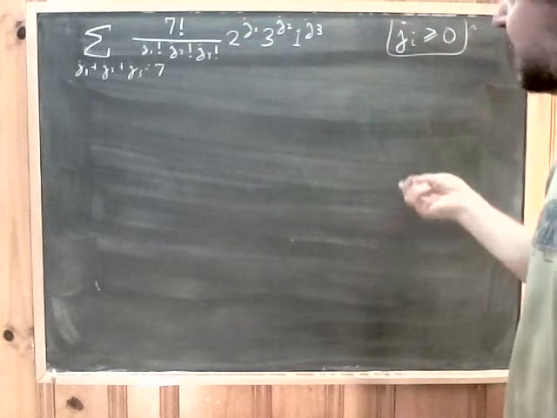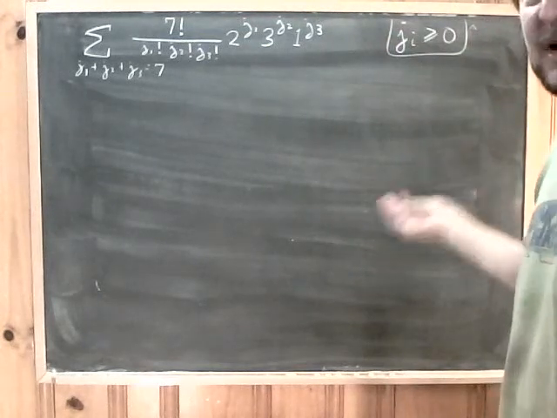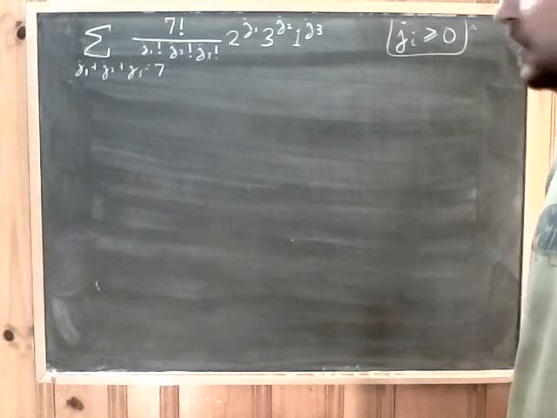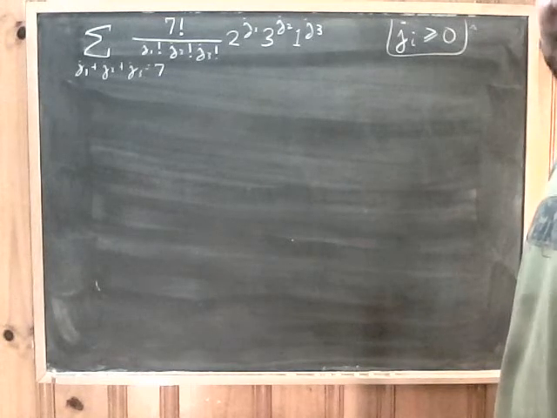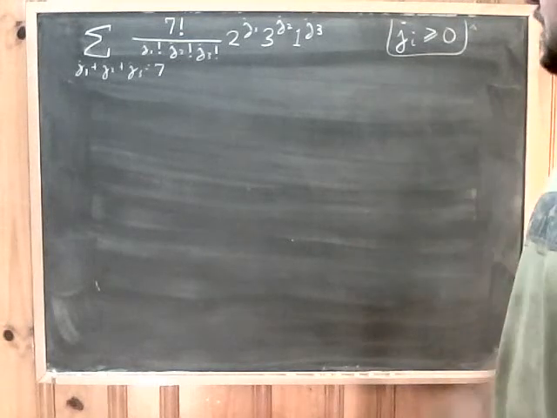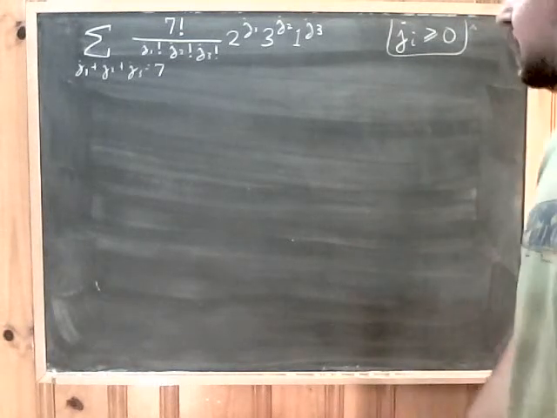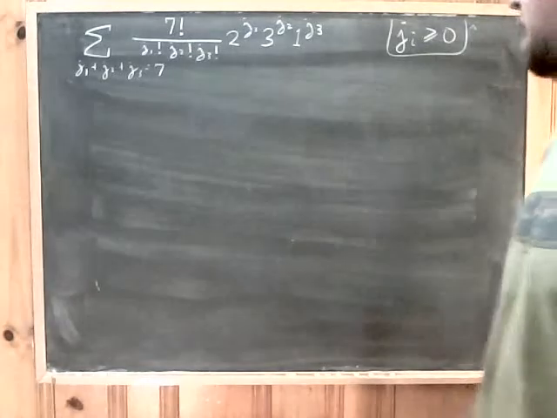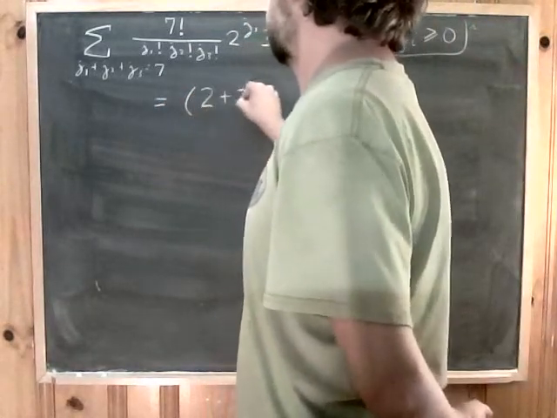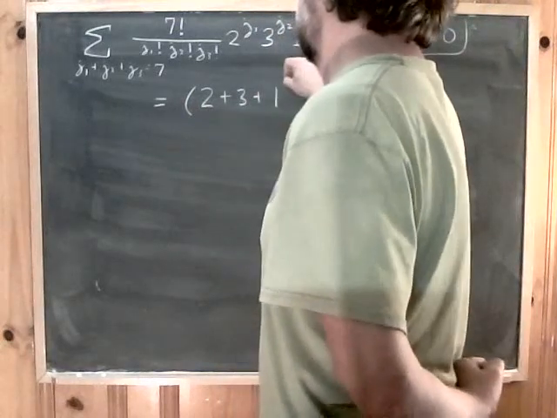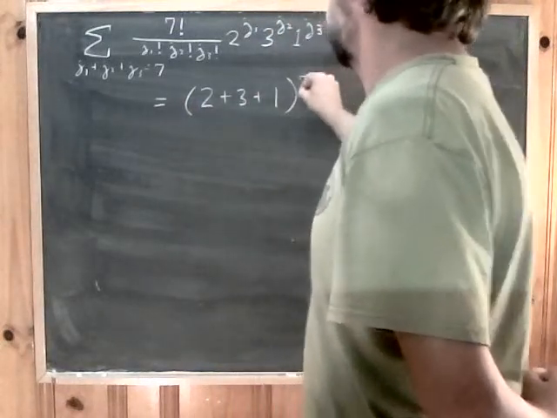That's not written on the paper because it doesn't need to be. 1 to anything is 1, so it just is assumed. But you need to know that it's there so that you can make it match the formula. Then we can say that this is equal to 2 plus 3 plus 1 all to the 7th.